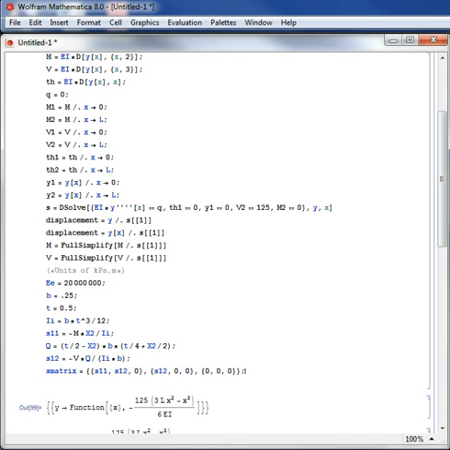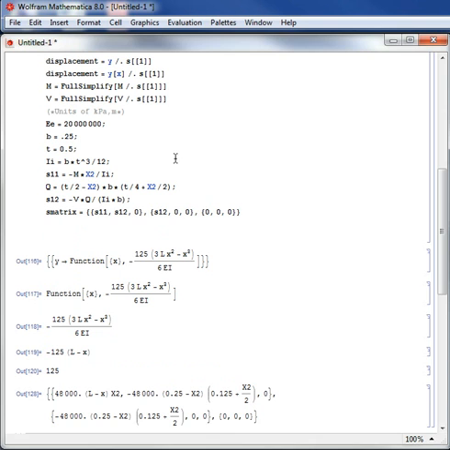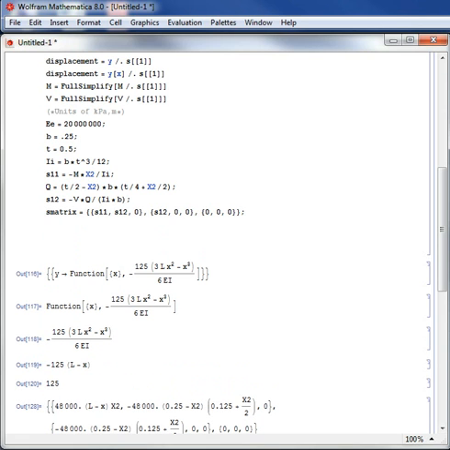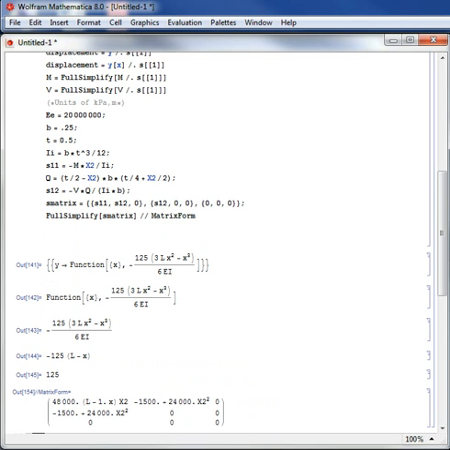So this is the matrix of stresses, and if you shift enter, let's view it in matrix form. Let's FullSimplify it as well. So FullSimplify S matrix and view it in matrix form, and you get this: S11, S12, S12, and everything else is 0.